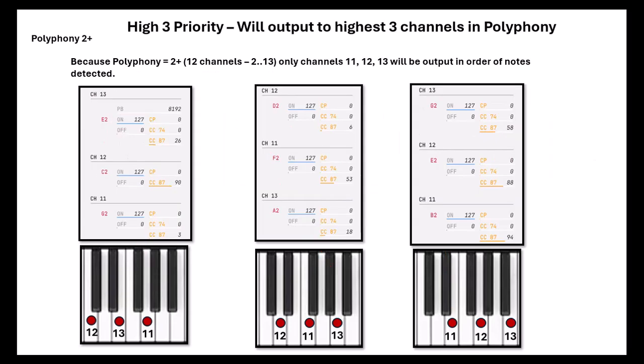Now, if I want to play a 3-note chord, I'll set high 3 priority, or maybe high 4 even, because that'll allow me to play 3 or 4-note chords. In this case, no matter what chord I play, I'm only going to be playing on channels 11, 12, and 13. They might not always be in order 11, 12, 13 on the notes I play, because the keyboard will sense whatever note's playing first and assign that high channel first.